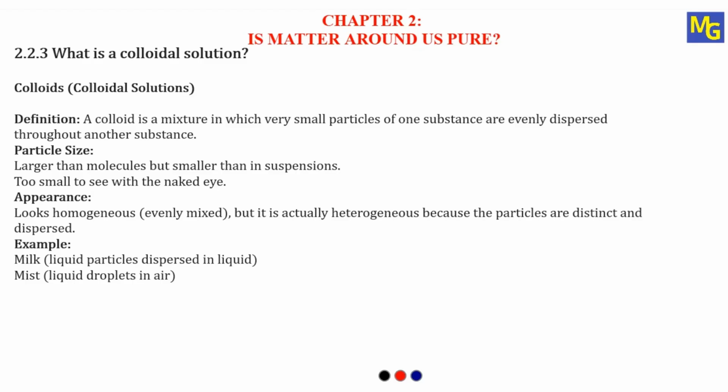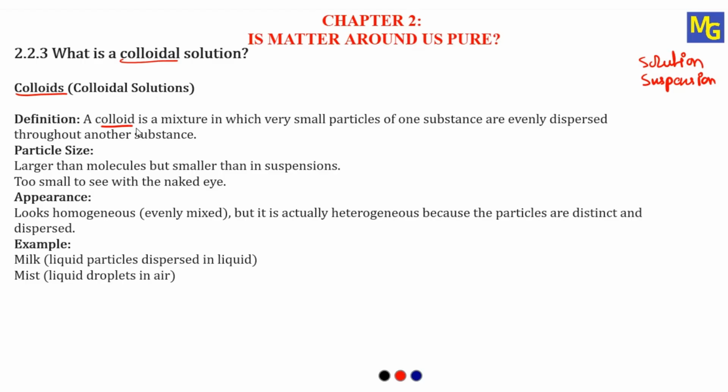So let's start. So till now we have studied what is suspension, and even we have studied what is a solution. And now the third one which we are going to start, that is what is colloidal solution. So see here, colloidal solutions are also called as colloids. Colloids, colloidal solution, both are same. So what is the definition for this?